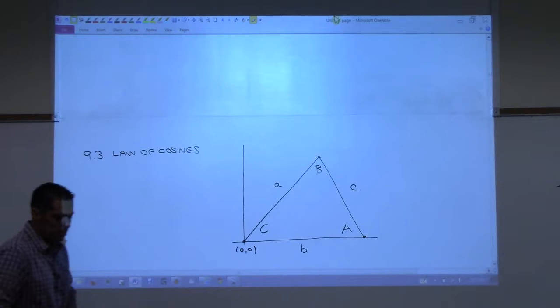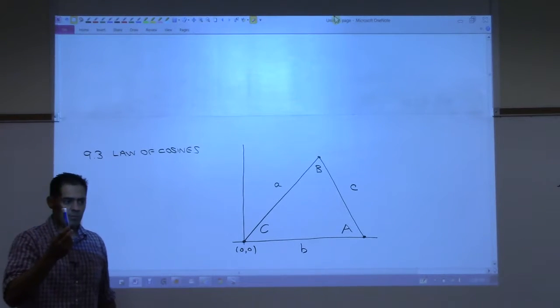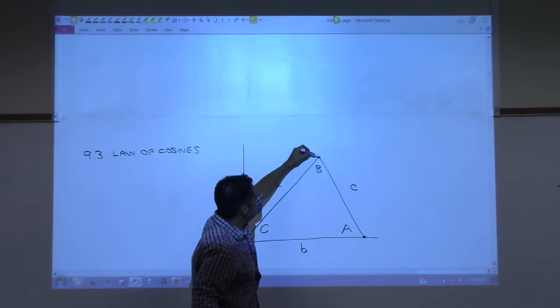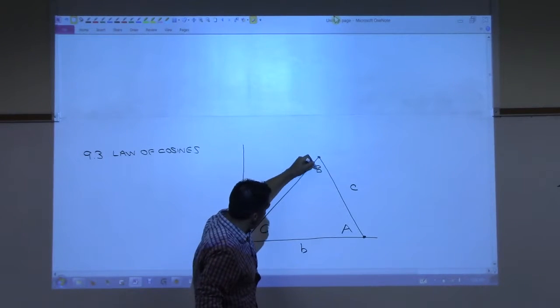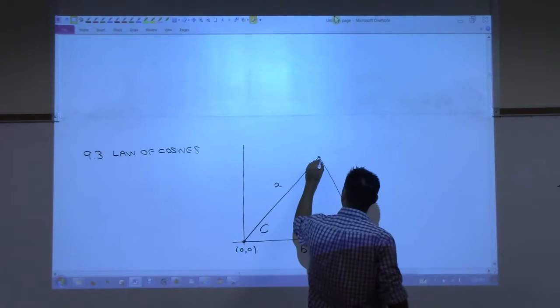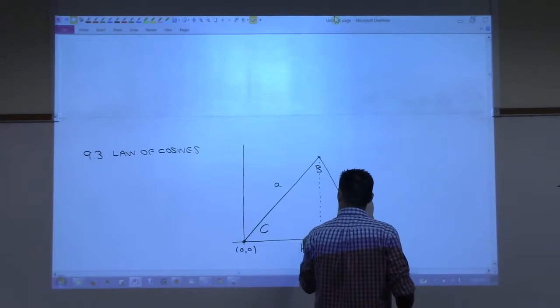Now what I'm going to do is construct a vertical line, which we call dropping a perpendicular. I'm going to start from this vertex of the triangle and drop straight down a line that would be perpendicular right here, like that.